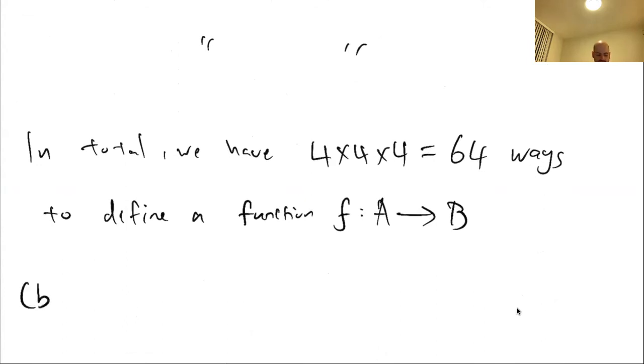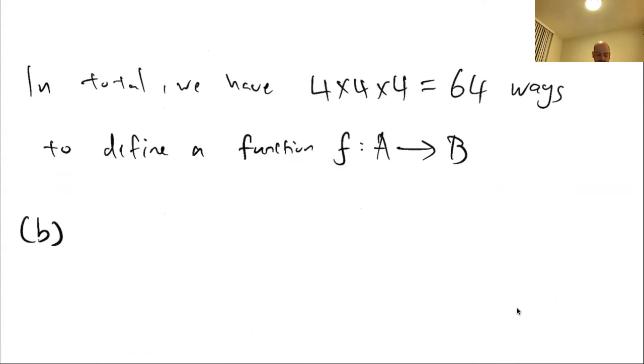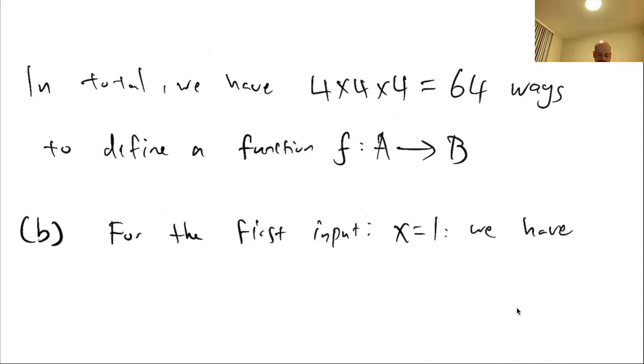Now, part B. Again, let's see how we can do part B. For the first input, which we said is x equals 1, again, we have 4 options, right?